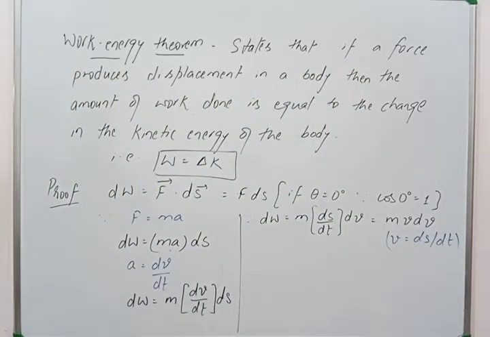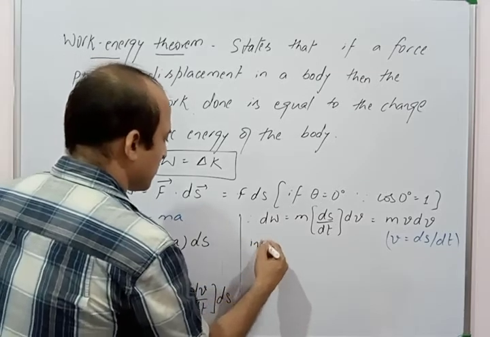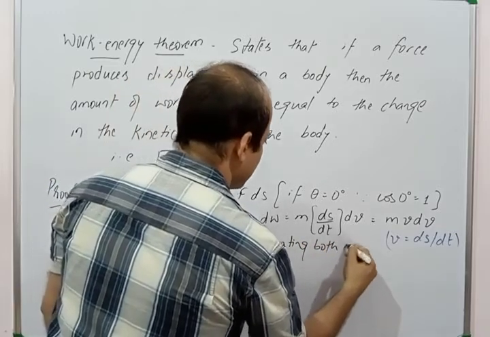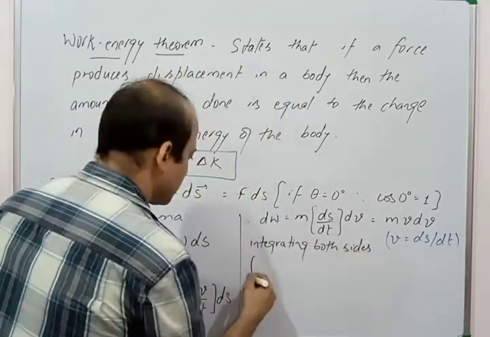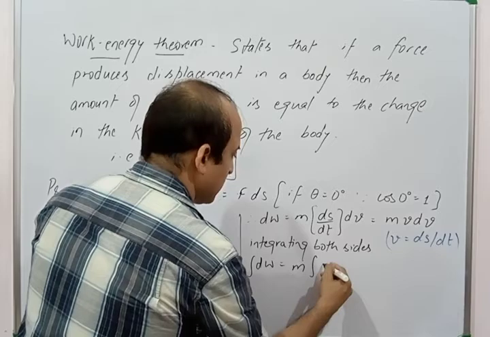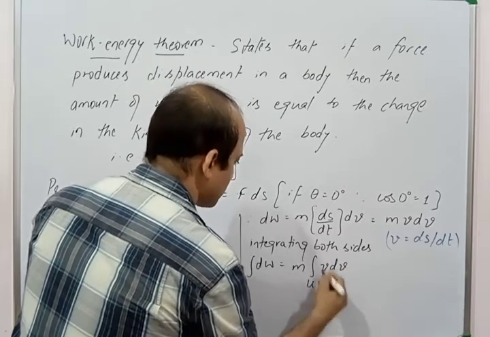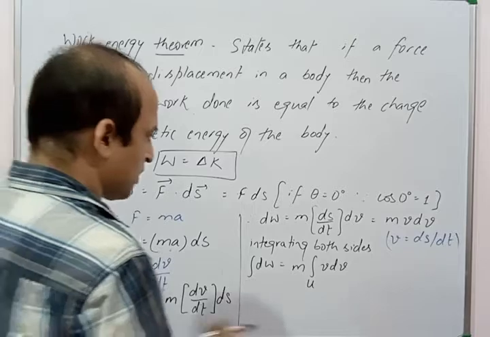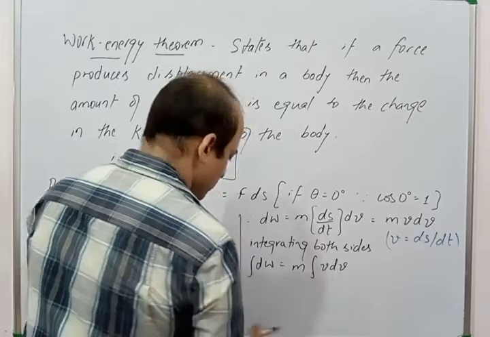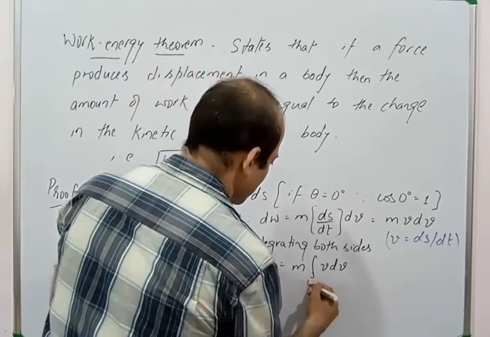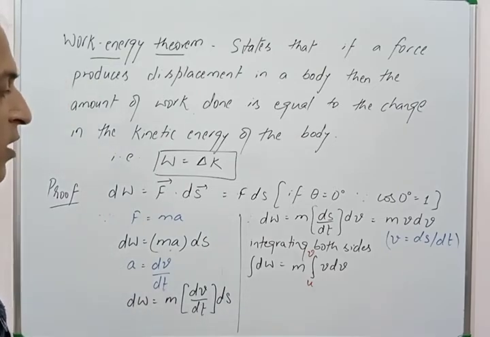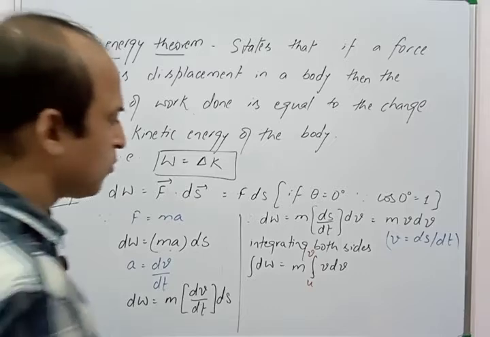So now to get the total work done, integrating both sides with proper limits. So if I integrate both sides, on left hand side is integration dw, mass being constant taken outside integration, integrating v dv from initial velocity u to, लिमिट्स को कुछ और कलर से लिख देते हैं, फ्रॉम इनिशियल वेलोसिटी u टू फाइनल वेलोसिटी v. मीन्स व्हेन द वर्क इज डन ऑन द बॉडी, the speed of the body changes from u to v.